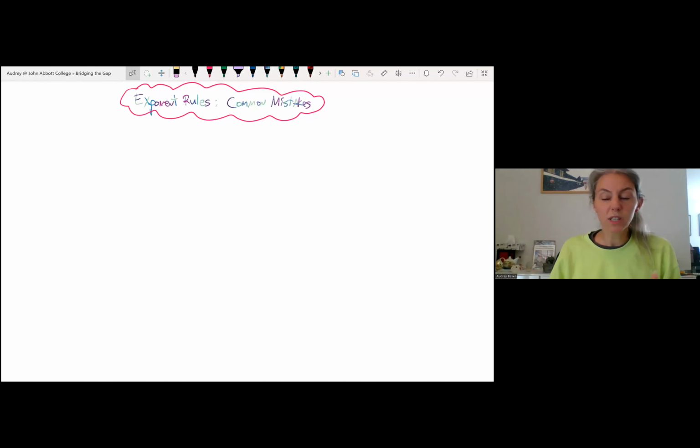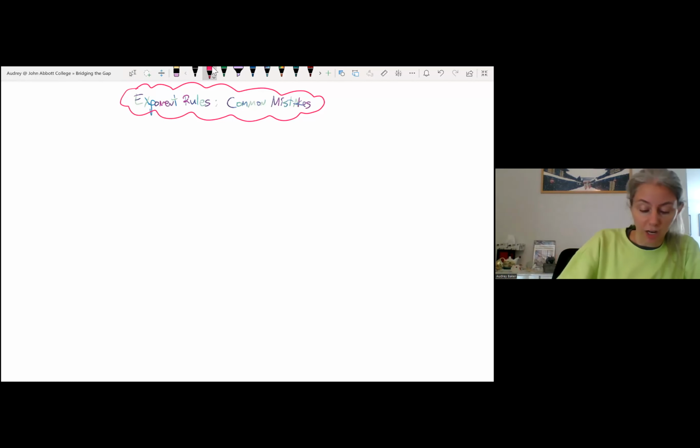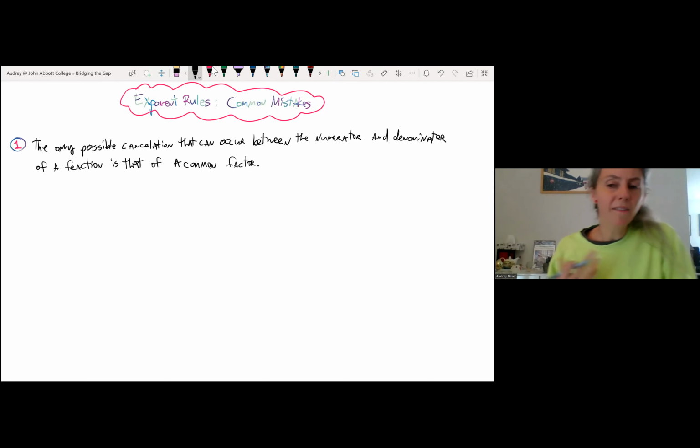All right, so the first thing that it's important to remember is that the only cancellation that can occur between the numerator and the denominator of a fraction is that of a common factor. If you're having trouble with some of these words, I recommend looking at the PDF documents, Understanding Math Notation, that I will link down below.